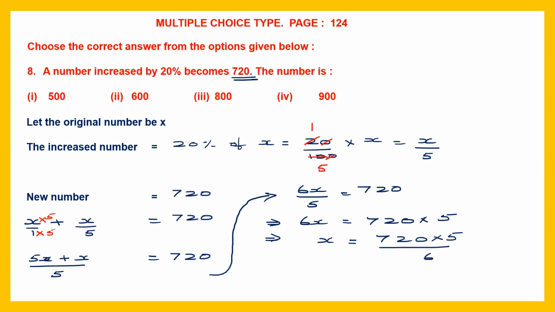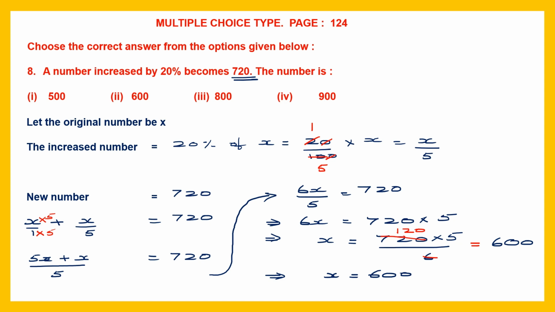Now we can cancel. 6 into 12 is 72. So 6 into 120. Now we can multiply 120 into 5 and we get 600. So now we have found the value of x. x is equal to 600.